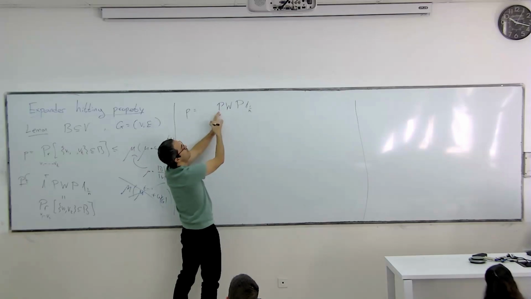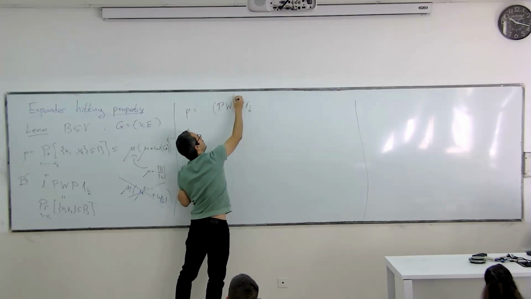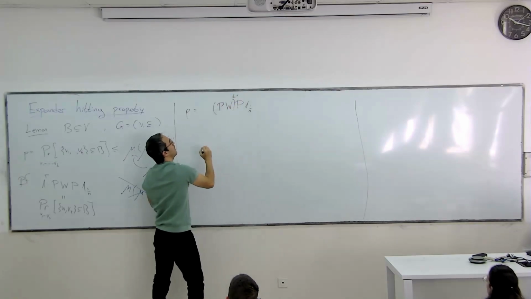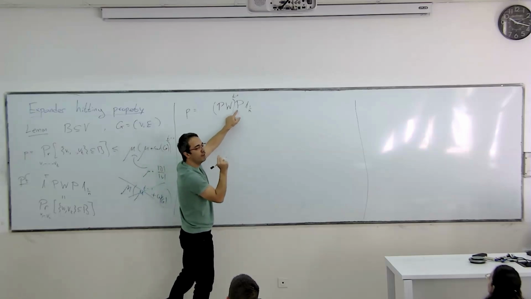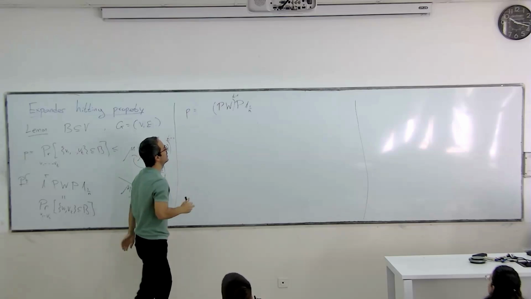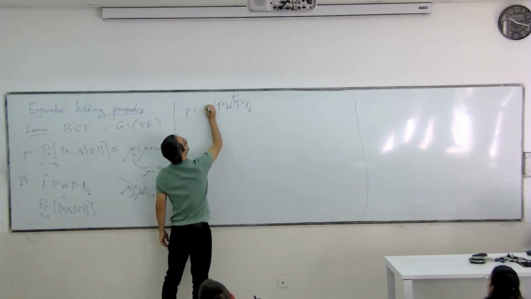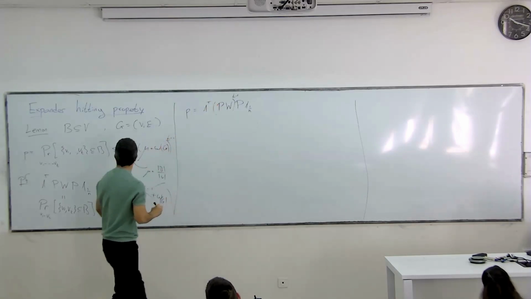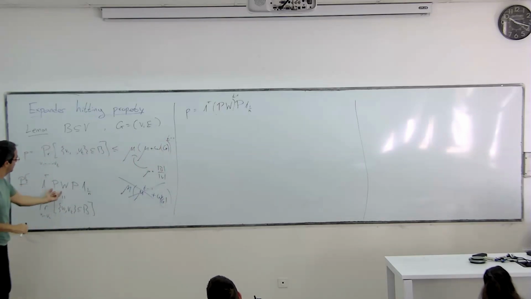So I should write many PWs here. And it should be t minus 1, because I want to have T Ps. For example, here, I should have 1 PW, not 2.